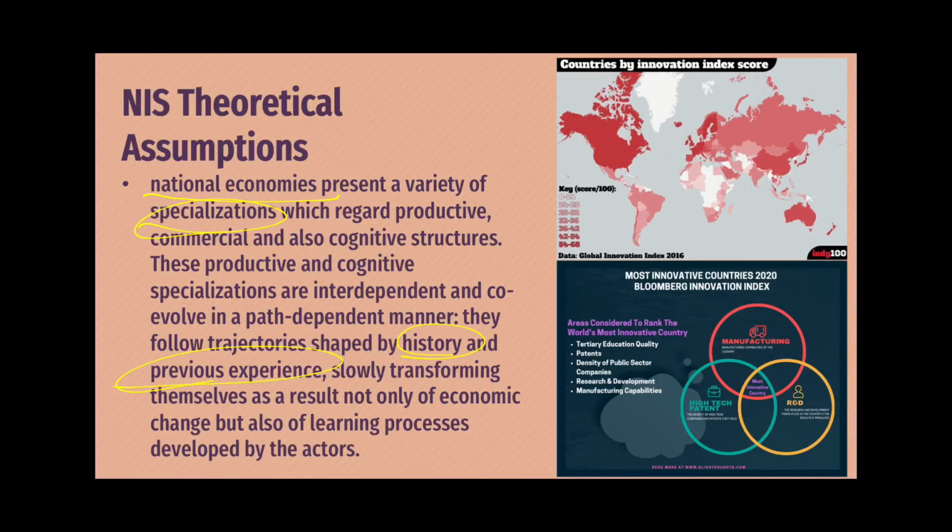So let's look at the segments that are salient here. So first is that national economies have different specializations that are found in that economy, just like in any other nation. No single organization has that. But a certain nation has specific specializations that drive what type of innovations will be produced.